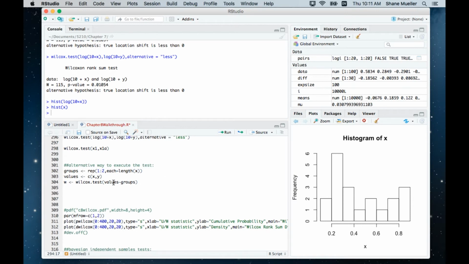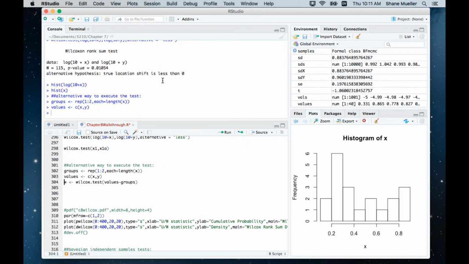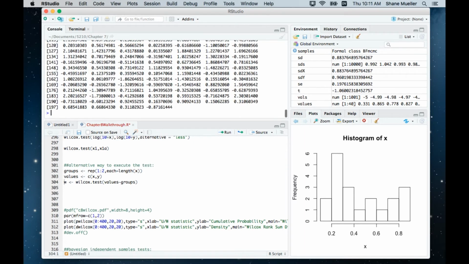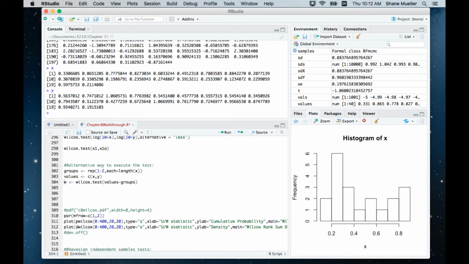Actually, the t-test and the Wilcox test both have alternate ways of applying them, which is more like you might run a linear regression. So if, instead of having two different columns of data, x1 and x1a, or x and y, I put these together and label them.